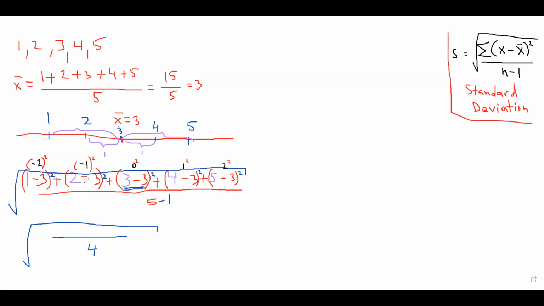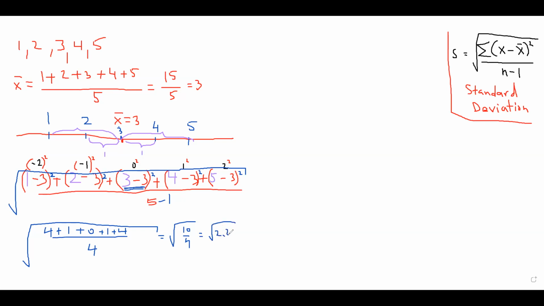And what I divide will be 2 squared, which is 4, plus 1 squared, and then 0, and then another 1, and then another 4. So when I add these together, I'll get 10. So it'd be the square root of 10 divided by 4, and that's actually 2 1/2.